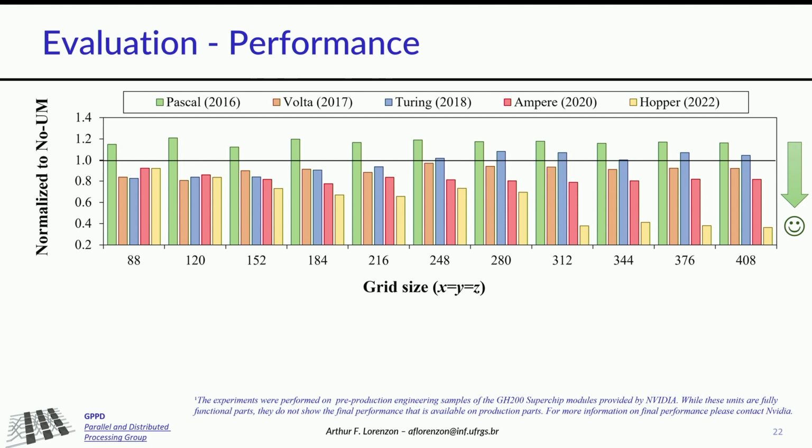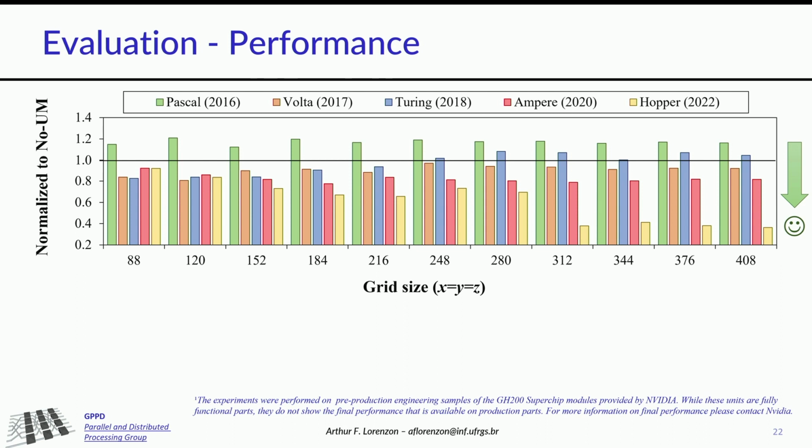And all the results are normalized to the hand-tuned version. So 1.0 means that the result of the unified memory is equal to the non-unified memory. Okay, so values below 1.0 mean that the unified memory version improved the performance over the non-unified memory version.